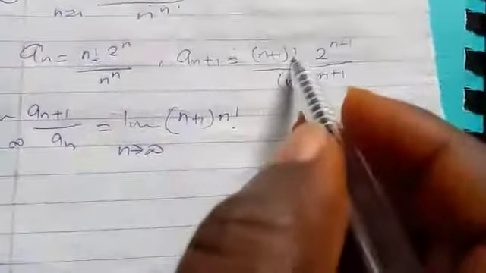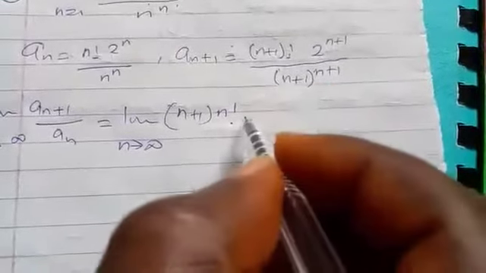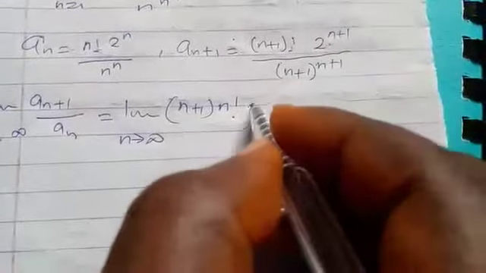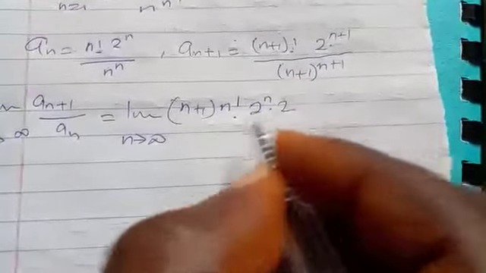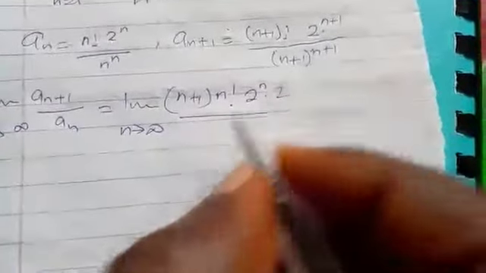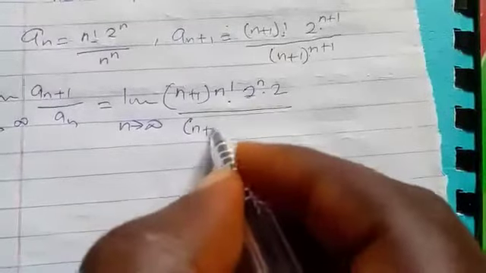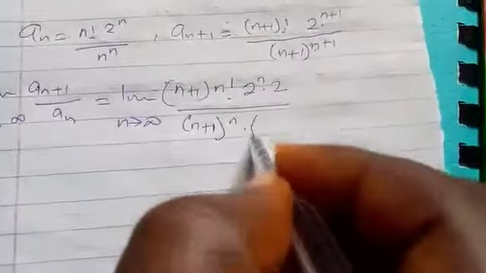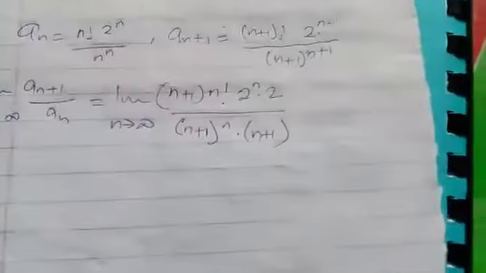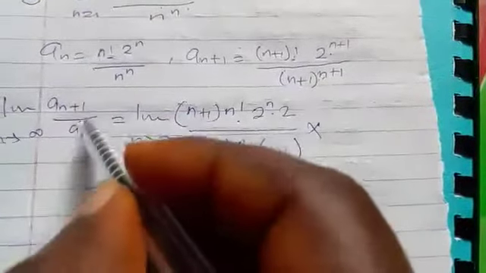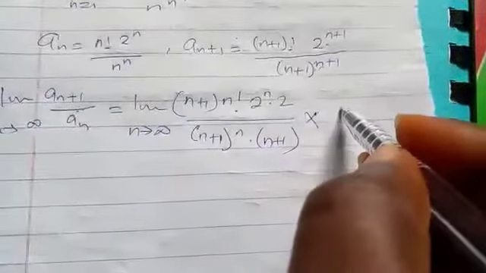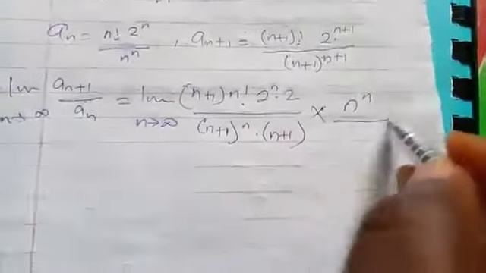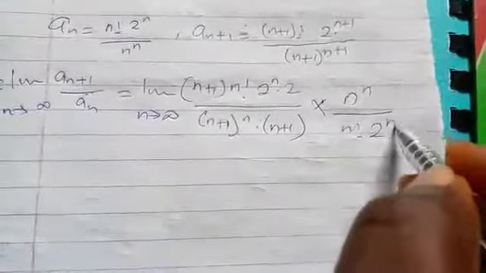Also, this is the same thing as 2 raised to power n times 2. Then for this, I can apply indices: it is n plus 1 raised to power n times n plus 1. Now, divided by a_n, so we turn this division to multiplication. We just need to interchange this, so this will become n raised to power n over n factorial times 2 raised to power n.